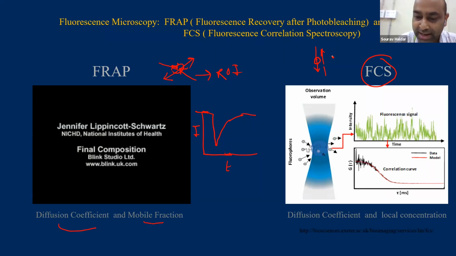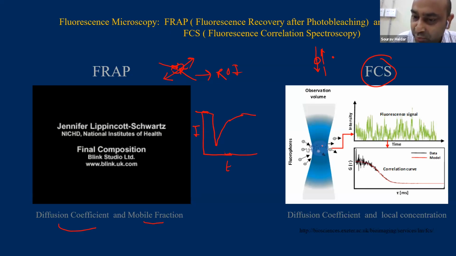If we are looking at a bulk environment, even at sub-nanomolar concentration, there will be too many molecules to count. But if we restrict our observation to a very tiny volume of, let's say, 1 femtoliter, we'll be looking at only 1 or 2 molecules at a time. Now, what is the advantage of that?